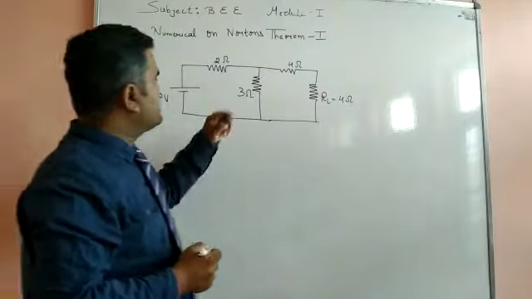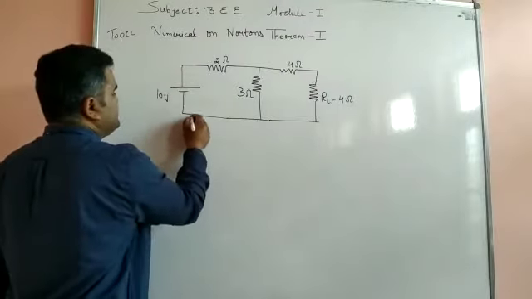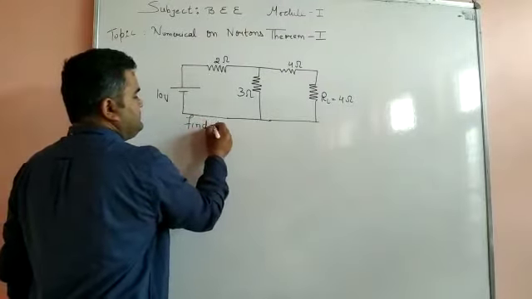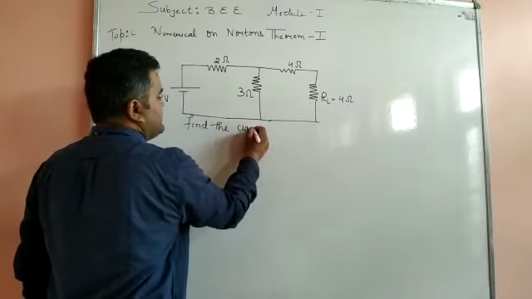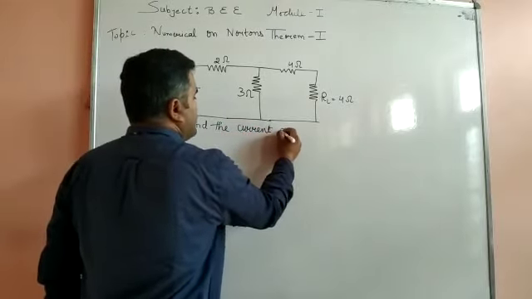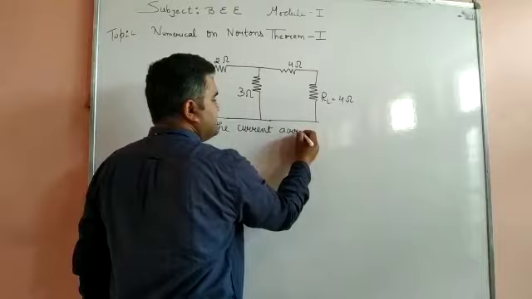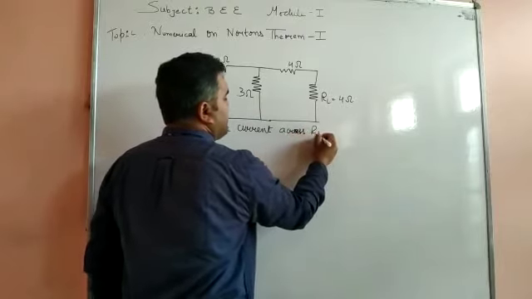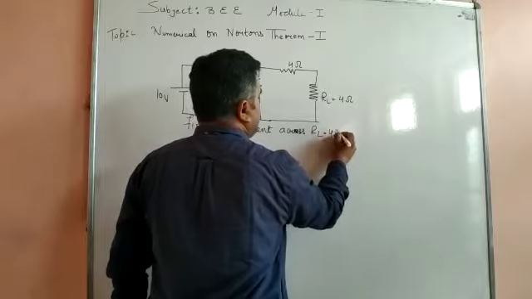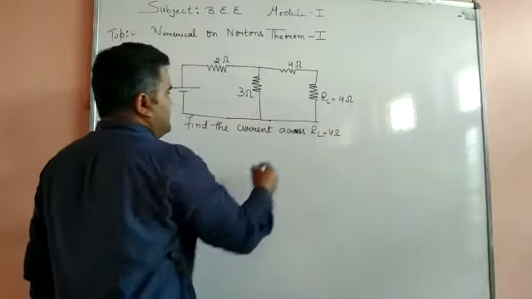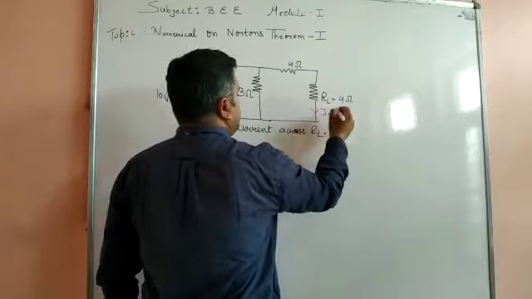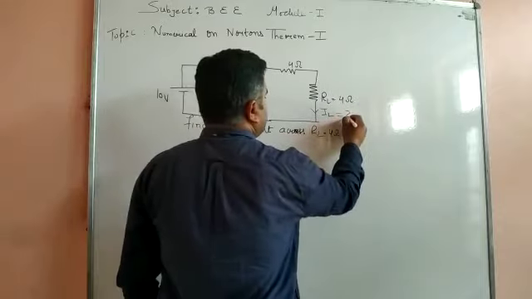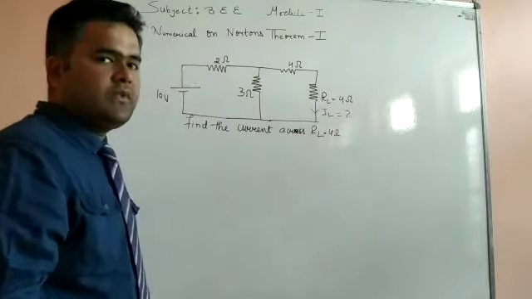Now the aim of the question is to find the current across RL, that is 4 ohm. So your aim is to find this IL current. This is the aim of the question.